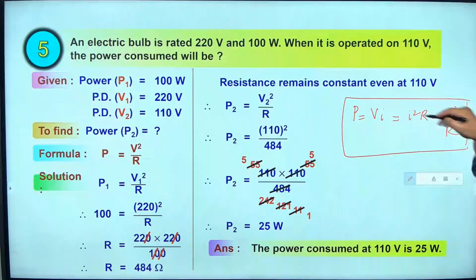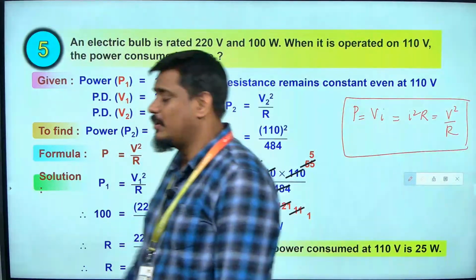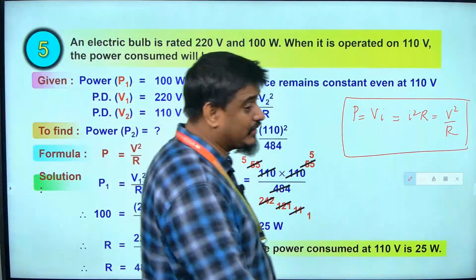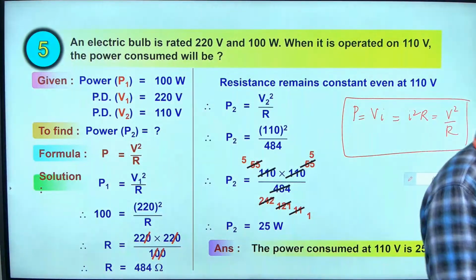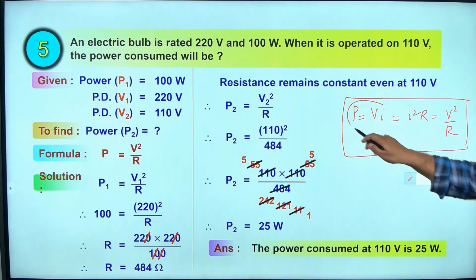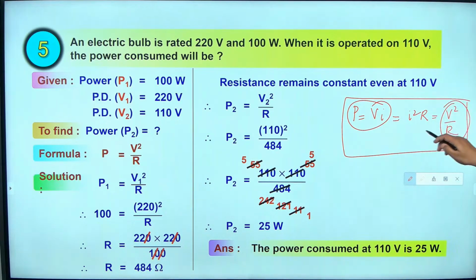So, which formula has to be chosen for finding the answer? Because if we are choosing VI and solving, we are getting a different answer, and when we are solving V square by R and doing, we are getting a different answer. So, how do you decide whether you are going to choose this formula or this formula or this formula?